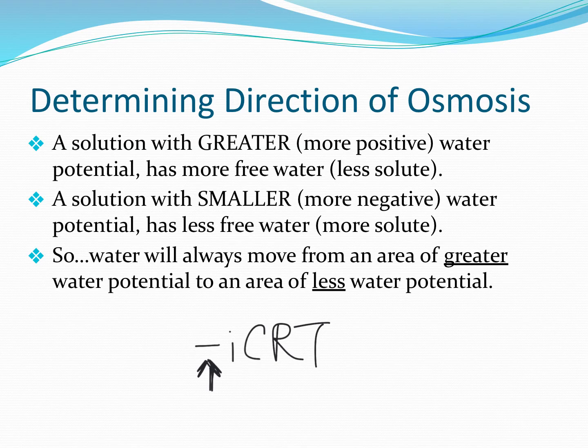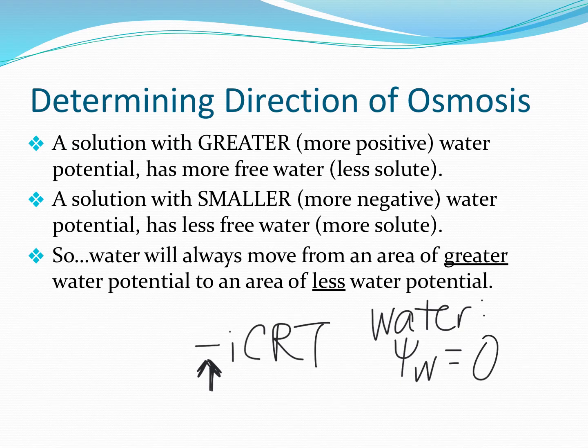So pure water has a water potential of always zero. Nothing can have more water than water, right? It's not possible for any solution to have more free water than pure water does. So that's why every water potential of any solution that has solute in it has to be negative, less than zero.